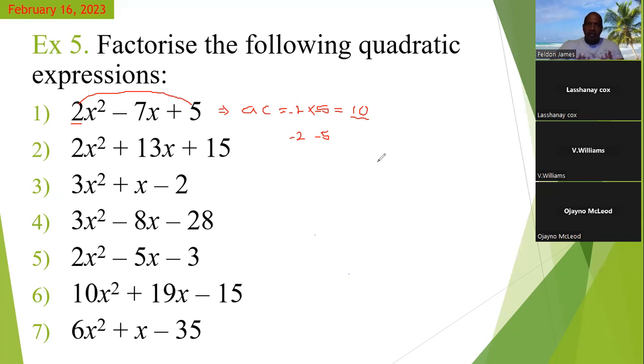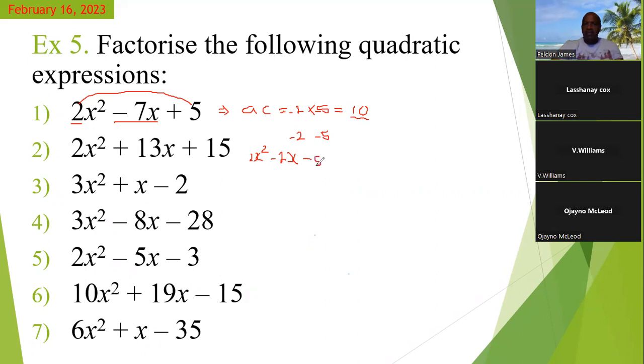So we're going to rewrite the expression. So we start off with 2x squared minus 2x. All right, so we're replacing the -7x in terms of -2x and -5x. So we're just taking out the -7x, replacing it with -2x and -5x.